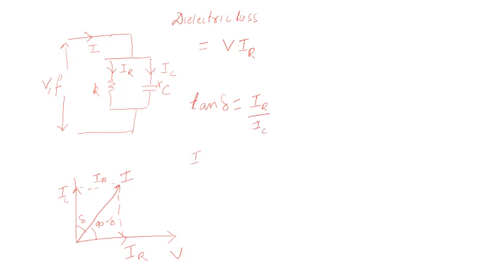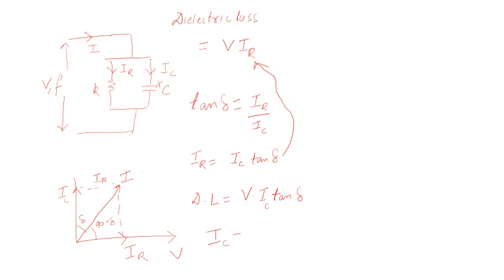IR is equal to IC tan delta. Put this in the dielectric loss. So what you will get? Dielectric loss will be V into IC tan delta.